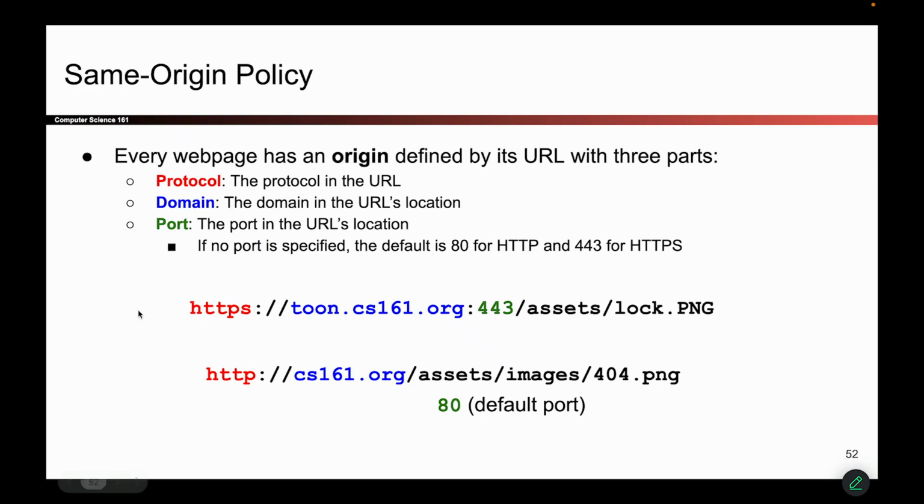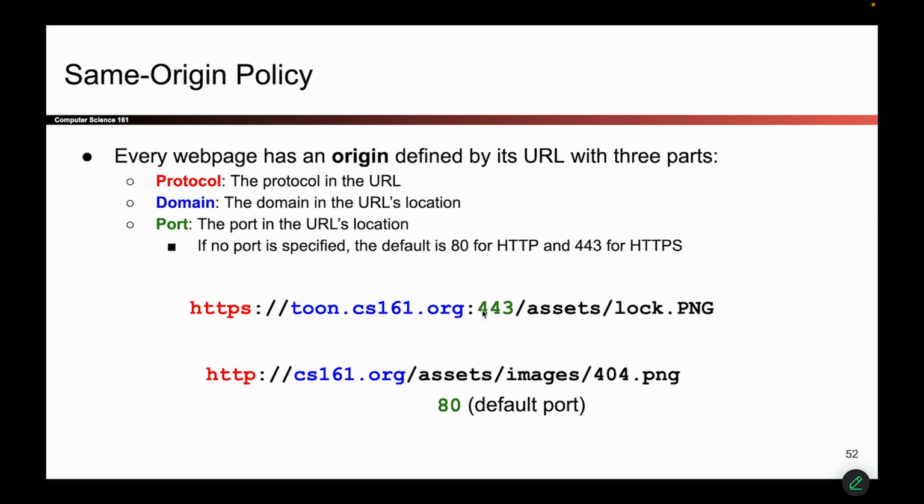The first thing you'll look at is the protocol. And remember, that's the thing before the double slash. For this class, it is either HTTPS or HTTP. Then we'll look at the domain. And remember, you think of the domain as which computer you're accessing on the web. And finally, we'll look at the port, which says if that computer has 2 web services running, which web service are you thinking about?